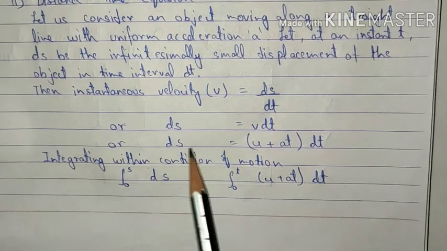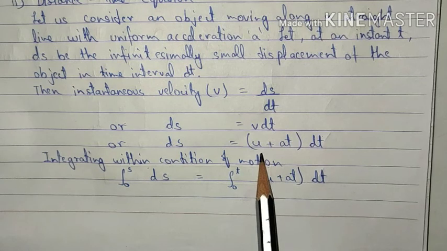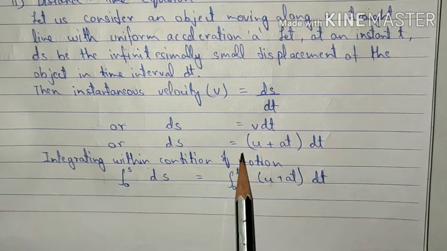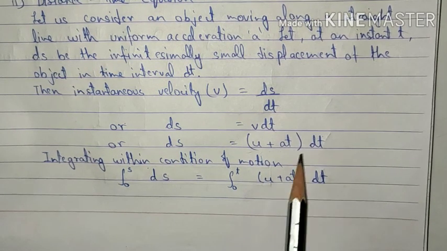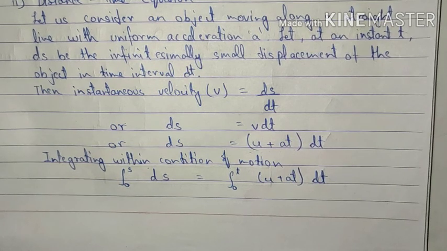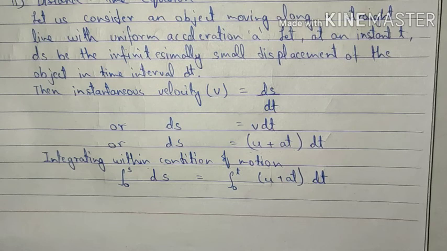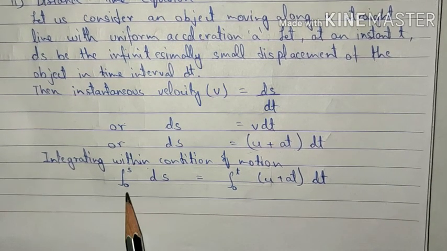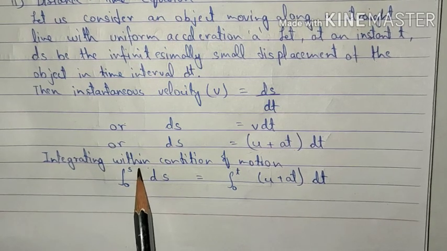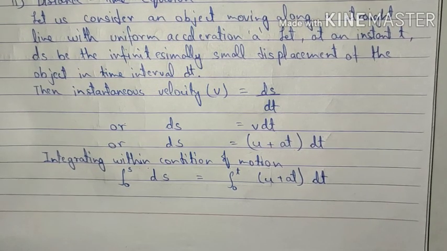Now, instead of v, we can write u plus at, so it becomes ds is equal to (u plus at) dt. When we integrate it within the conditions of motion, that is, for displacement the initial value is 0 and the final value is s, whereas for time the initial value is 0 and the final value is t.